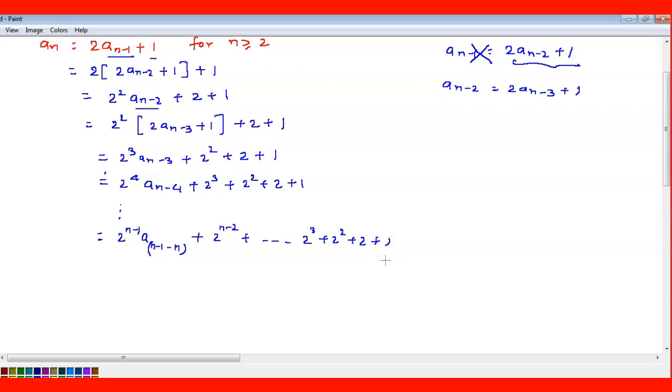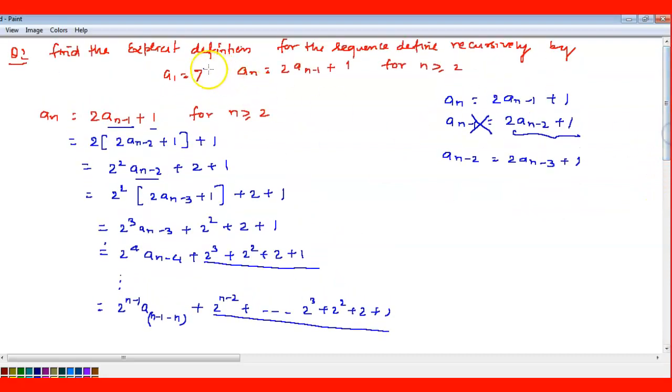Any doubt till here? Just I have written here n minus 1, so this series will also go till n minus 2, because 4 was there, so this came up to 3, right? Here n minus 1 I am taking, so it will come n minus 2. Why do we consider n minus 1? Because we know that we have to bring this one to a1.